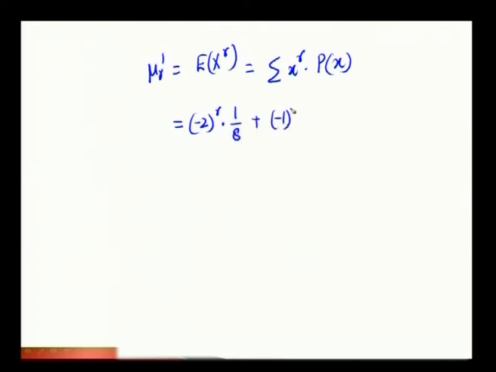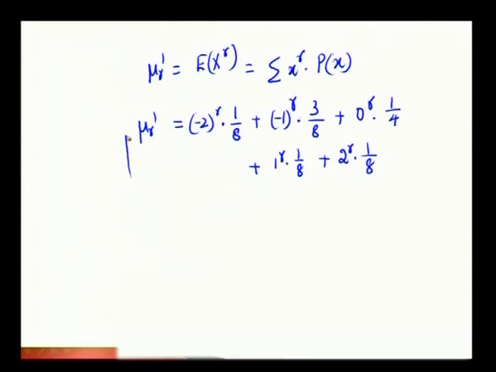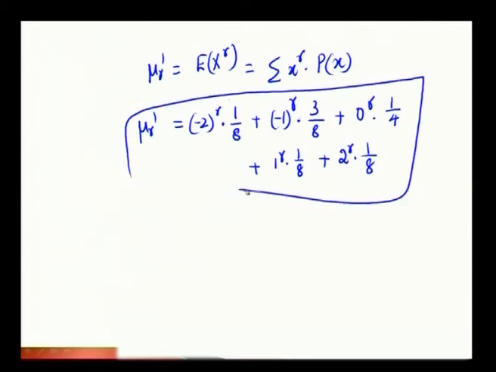For (minus 1) power r, the corresponding probability value is 3 by 8, plus the third x value is 0 power r into 1 by 4, plus the fourth value is 1 power r into 1 by 8, the fifth value is 2 power r into 1 by 8. This is your mu r dash equation, right. We can't simplify it further, you have to keep it as it is. This is mu r dash.